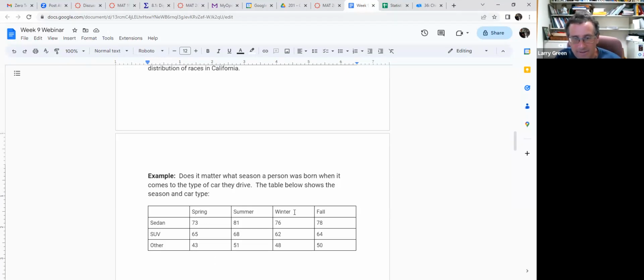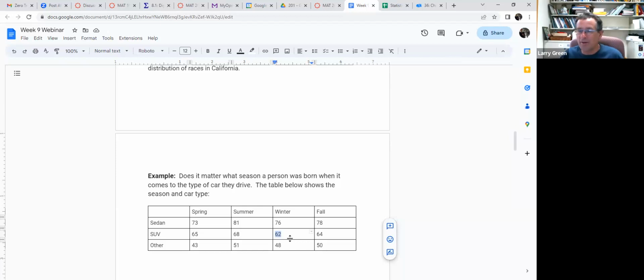And we have a table. You often call this a contingency table. What we can say, for example, this number 62, that means of the people who were surveyed, 62 of them were born in the winter and drive an SUV.